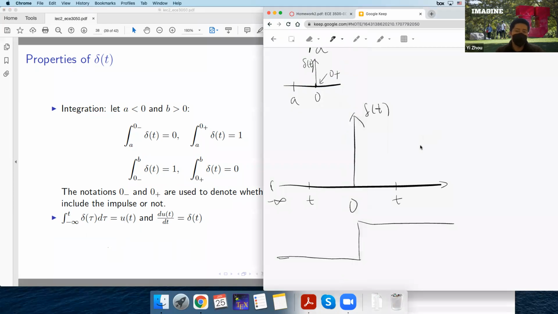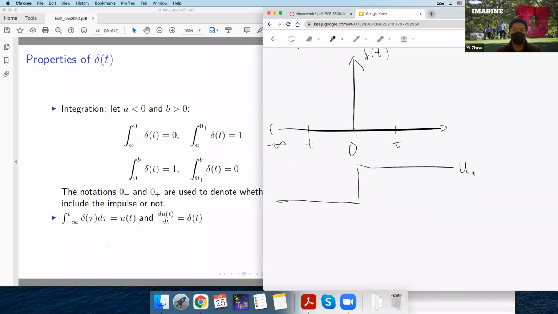And this is also intuitive because if you look at the derivative of u(t), when t is negative, we get a constant flat curve, so the derivative gives us 0. And when t is positive, we also have a 0 derivative. So the only thing that gives us a non-zero derivative is when we come to the origin.